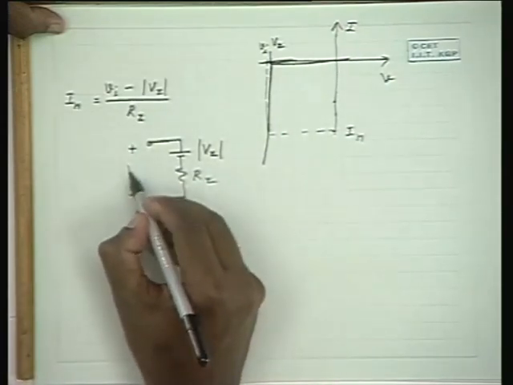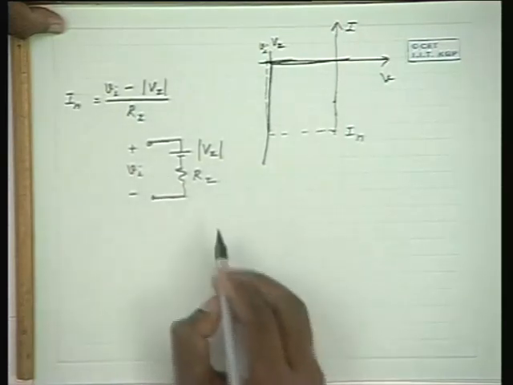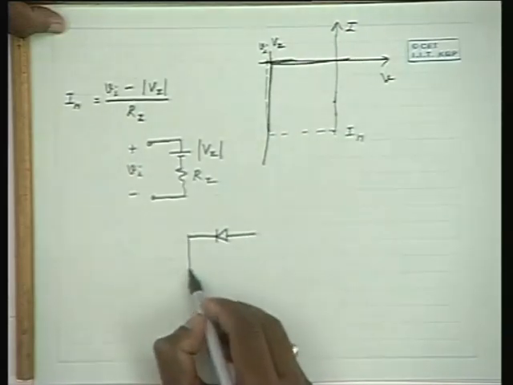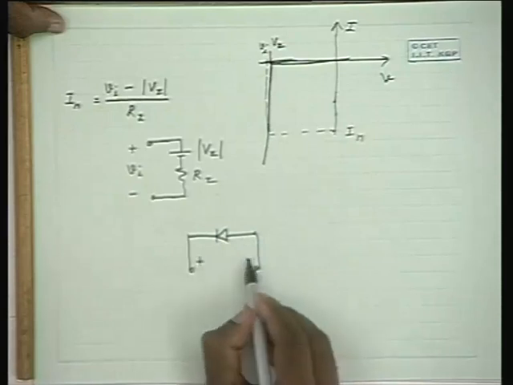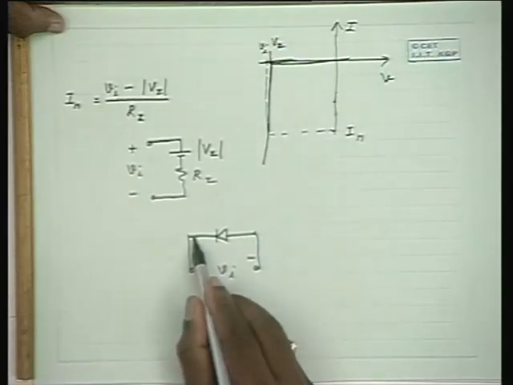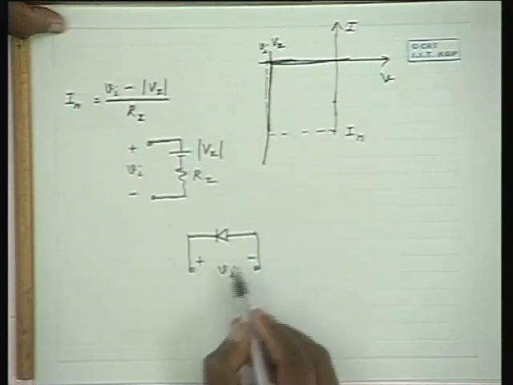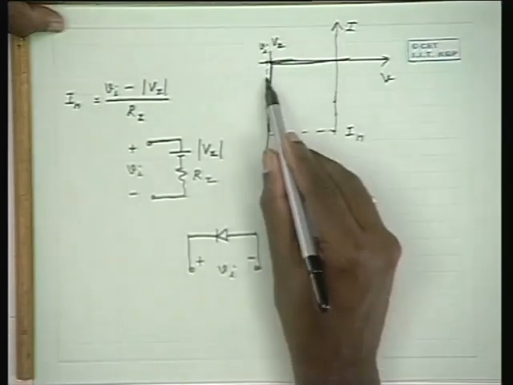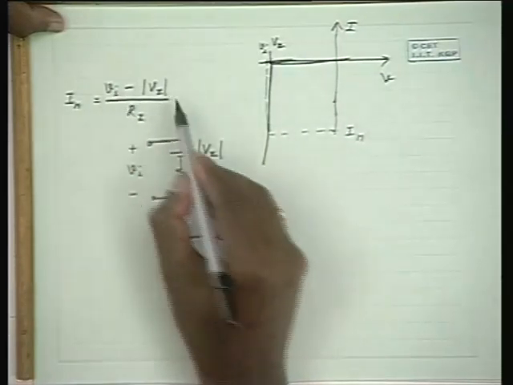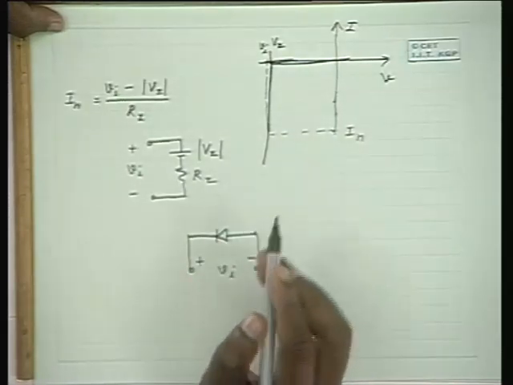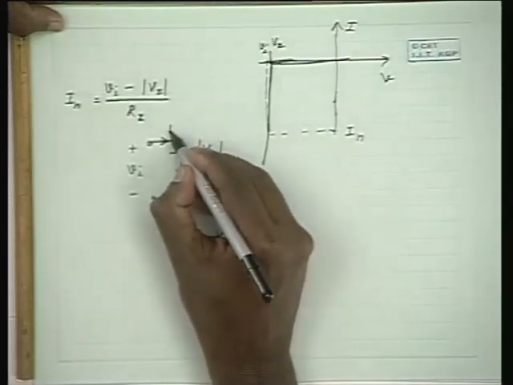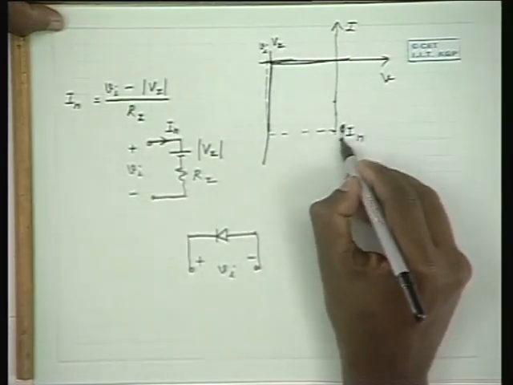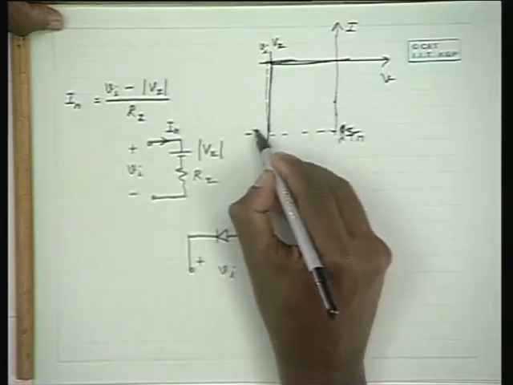If this is the voltage applied, but this voltage applied is a reverse voltage, with Vi having this side positive and this side negative, when this Vi is more than Vz in the reverse direction, it allows a large amount of current, and that current is Vi minus Vz by Rz. That kind of current flows. This is minus IR.